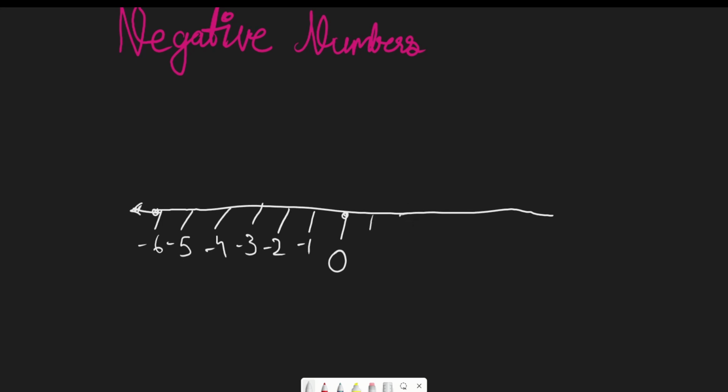And to the right, we have the positive numbers. Of course, your number line needs to be to scale, so you need to have equal markings. There need to be equal distances between each line and all of that. And also, knowing how to draw a number line is very important, especially for inequalities, which is a concept we'll discuss when we discuss algebra.